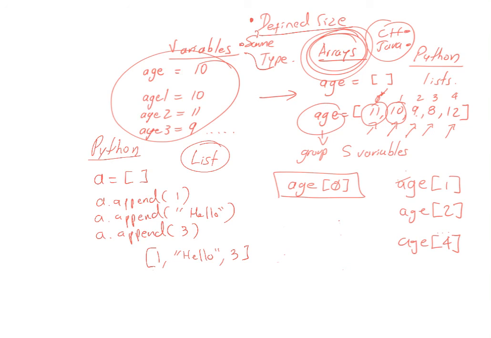Okay, so that means that in lists in Python, you can have multiple types in the same array. So A is going to be like this.